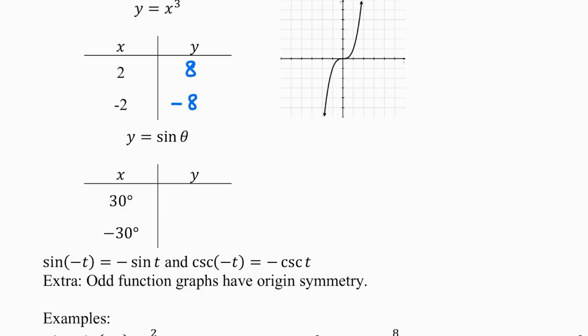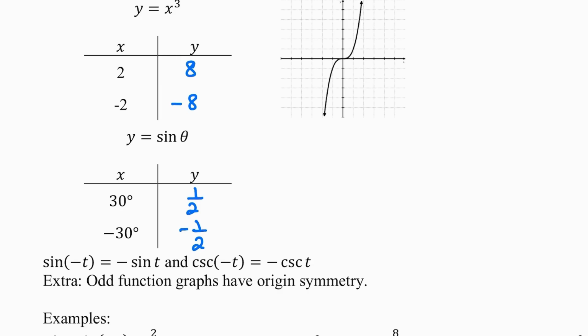Sine of 30 degrees is that kind of short point, that first point if you're going counterclockwise on the unit circle, which is only going up a tiny little bit of 1/2. Negative 30 degrees is going the opposite direction, which is again that first point going clockwise on the unit circle, and you end up going just a little bit down, which is negative 1/2. So that makes sine an odd function.